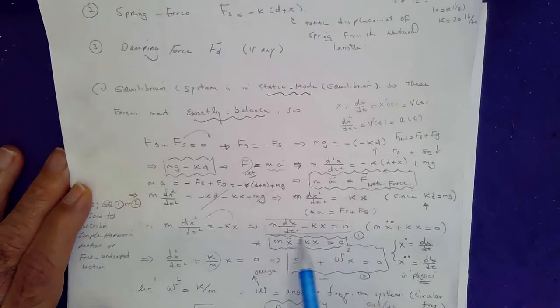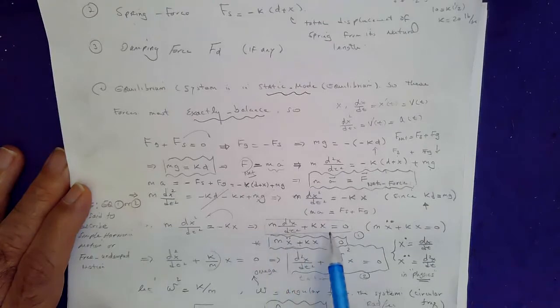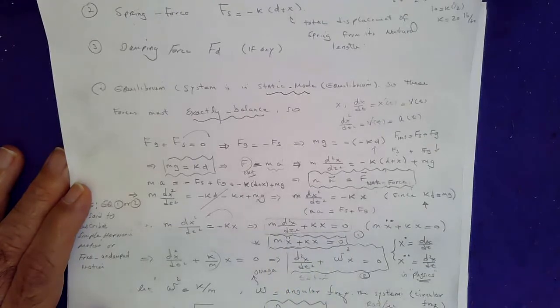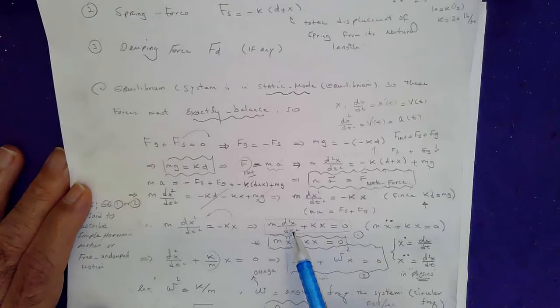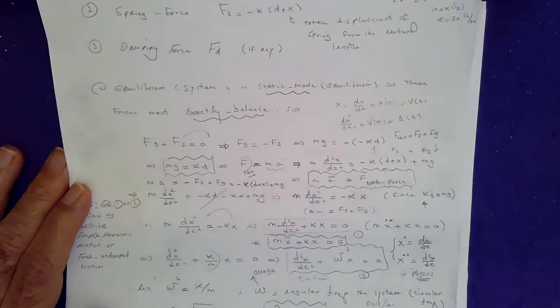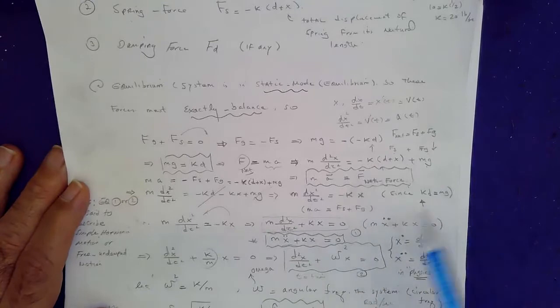So this second order homogeneous differential equation describes the behavior of the mass under just gravitational force. In other words, no other external force is involved. The experiment is done in a vacuum, so we are neglecting the air resistance.